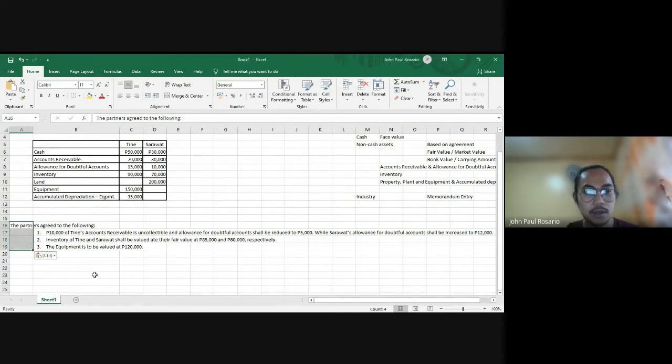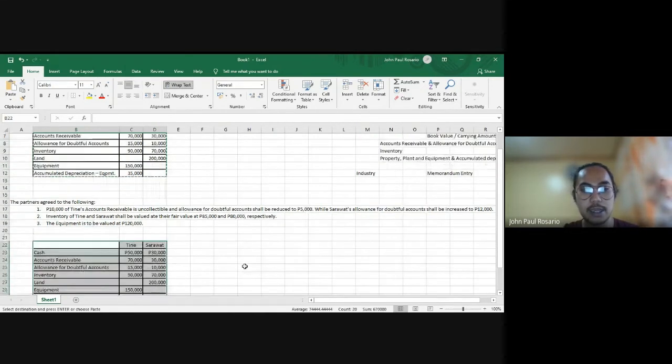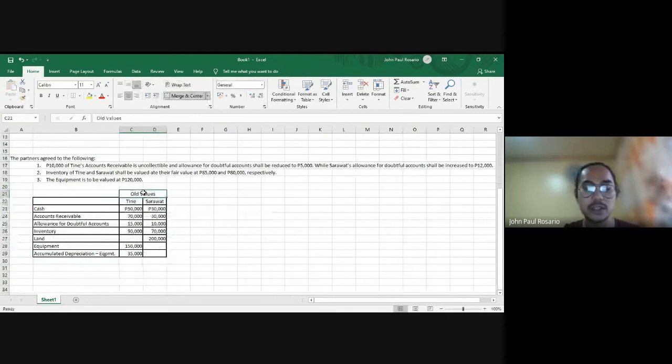Okay. So with that, first, what I usually do is this one. I copy the old table. So I copy the table given in the problem, no? And then I label the first two columns as old values. This way, we can actually determine kung this is the values nga based on their own records or based on initial values.